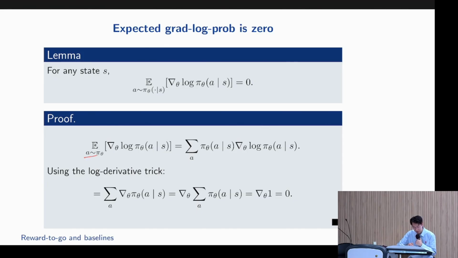Let's unpack this expectation as a sum. For this guy, the differentiable policy, gradient log policy, that's the log derivative trick. So that's the gradient of the differentiable probability with respect to theta. Let's take this outside the sum, and that's 0. So the expectation over the action of the gradient log action probability is 0.